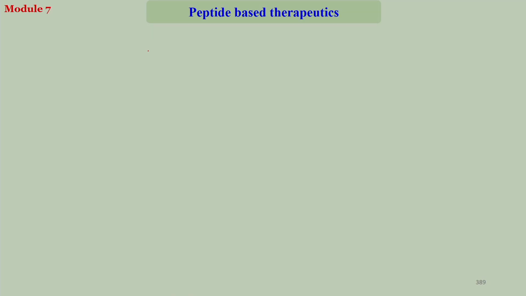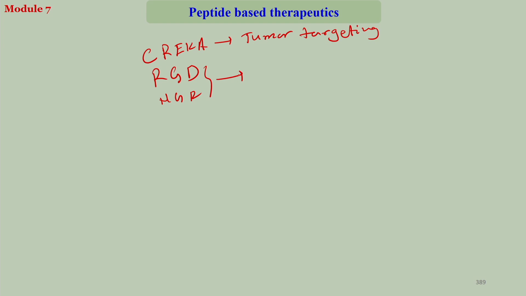We have already seen some of them that I talked about in the last lecture, that there are many peptides that show targeting efficiency, such as CREKA peptide, RGD. CREKA is tumor targeting, RGD and NGR, these two were tumor homing.